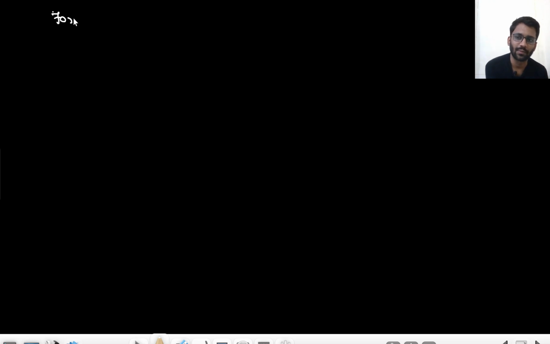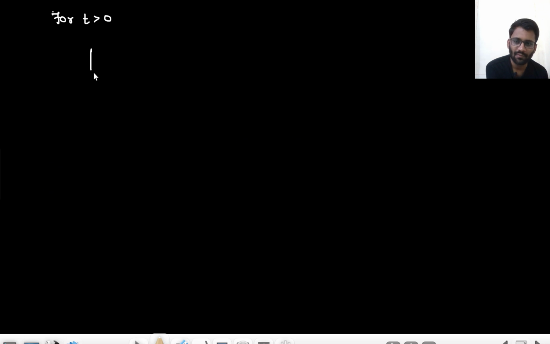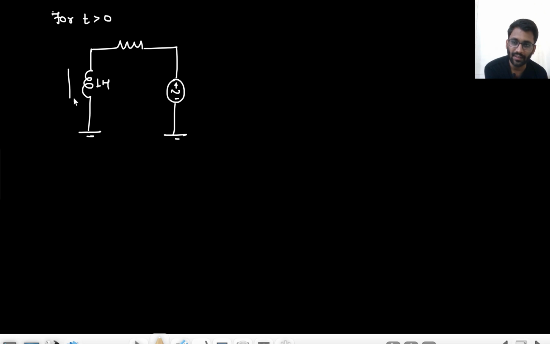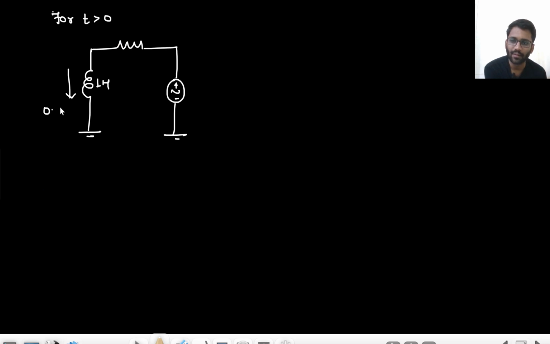For t greater than 0, this inductor, 1 Henry, is initially having some current, that is 0.5 ampere, right?